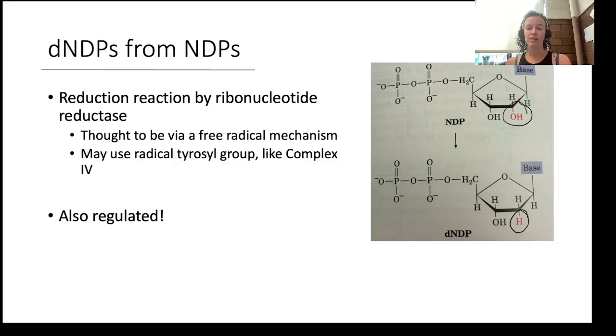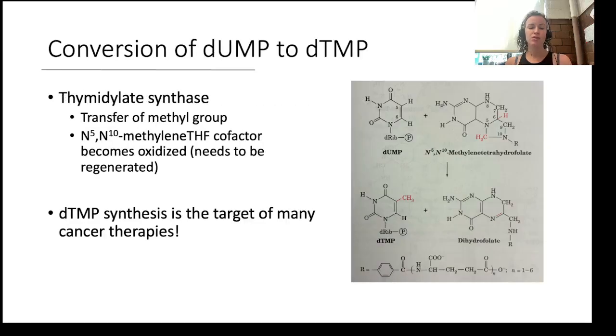We have the dNDP. What happens is just a really quick hydrolysis to get to the monophosphate, the dUMP. And once we have that dUMP, we can do a chemical reaction to get to the dTMP, and bam, there goes synthesis of DNA. We have all 4 of our nucleotides required.